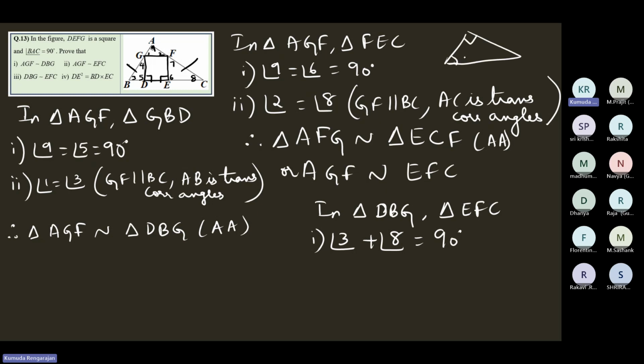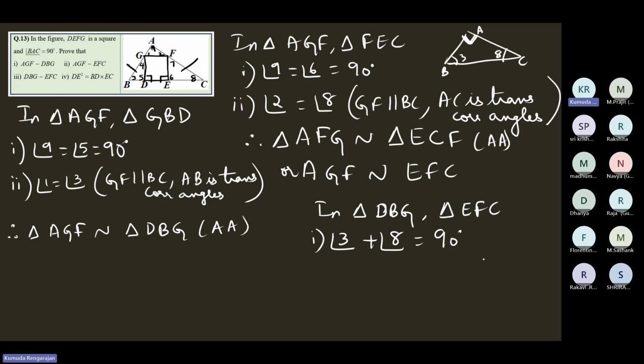This one is 3 and this one is 8. Look at the whole triangle ABC. This is a right angle. Angle A is equal to 90 degrees. So angle 3 plus 8 will be 90.